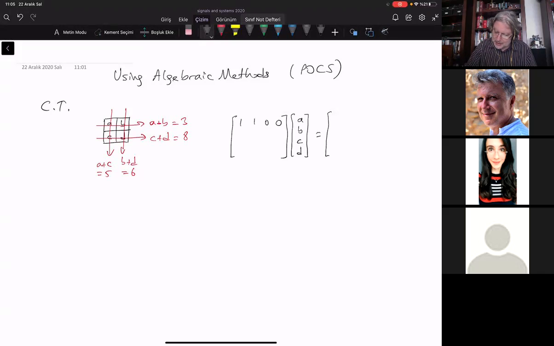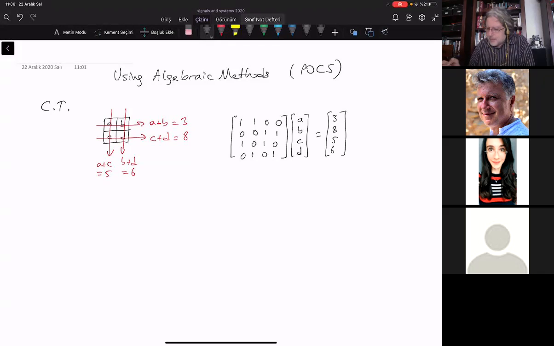And these are the resulting numbers: A plus B is equal to 3, and C plus D is equal to 8. A plus C is equal to 5, and B plus D is equal to 6.